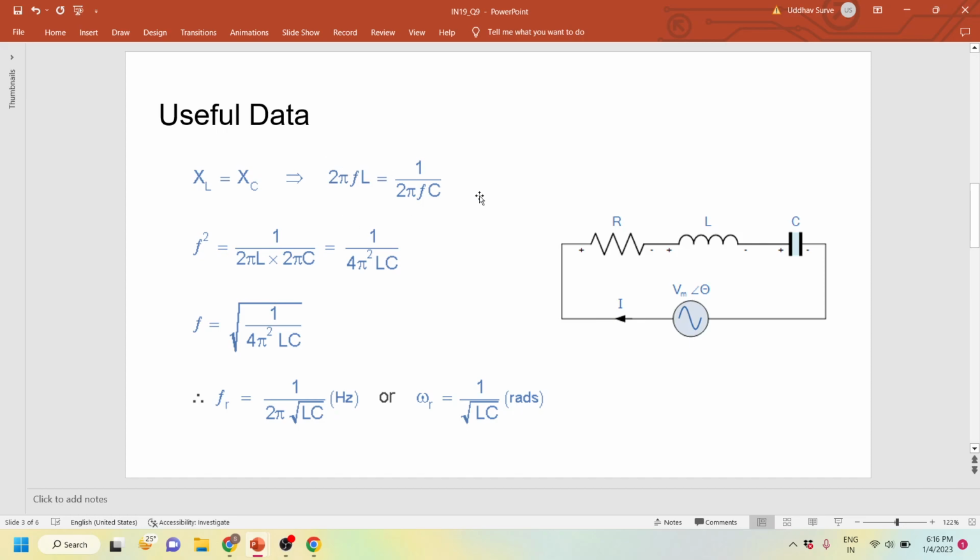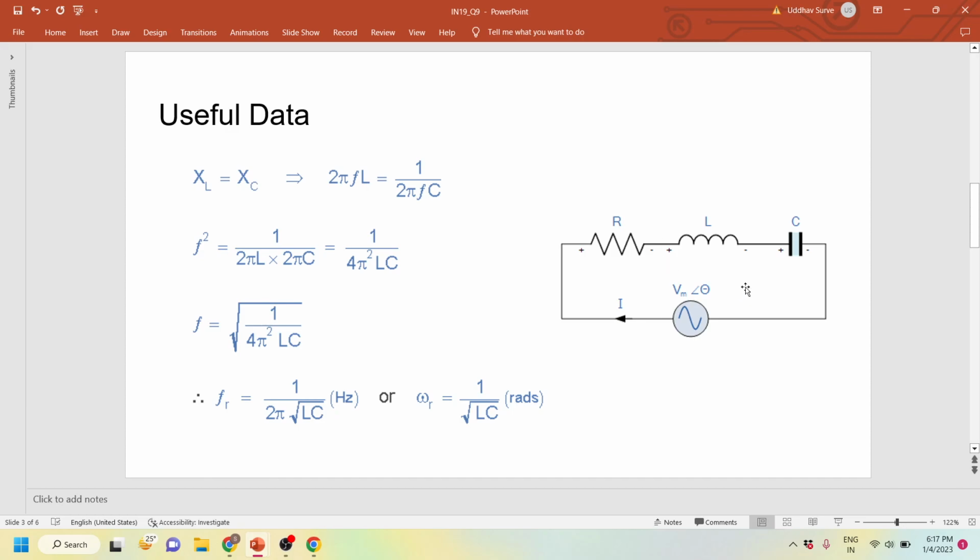So by shifting terms here and there, we'll get F square is equal to 1 upon 4 pi square LC, where F will be 1 upon 2 pi root LC, or converting hertz to radians per second, omega R will be 1 upon root LC. Omega R represents the resonant frequency in radians per second, at which XL will be equal to XC.